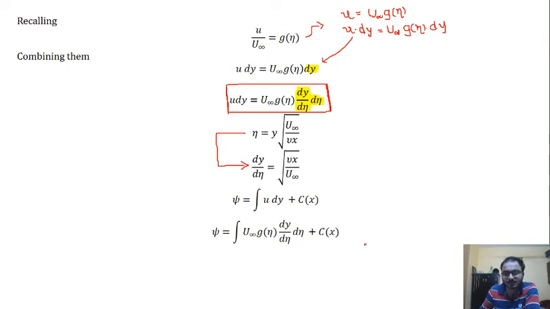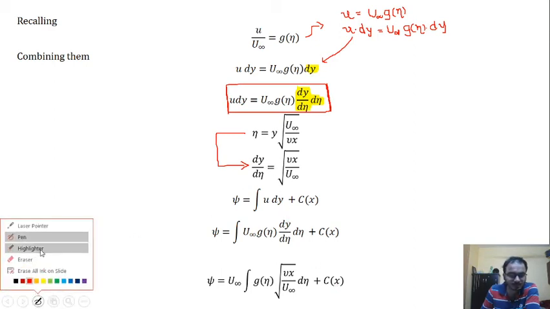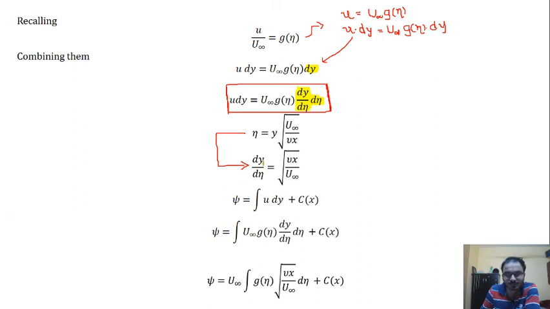Okay, so now finally u infinity into integration g of eta square root of nu upon u infinity into x into d eta plus c of x. So we have simply used this formula, that is, this was the thing which we derived, and instead of this we have put here this.